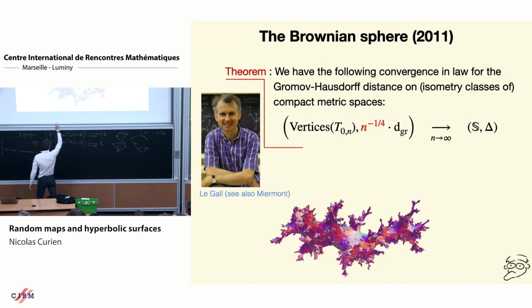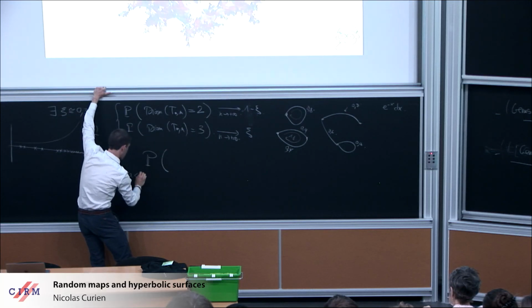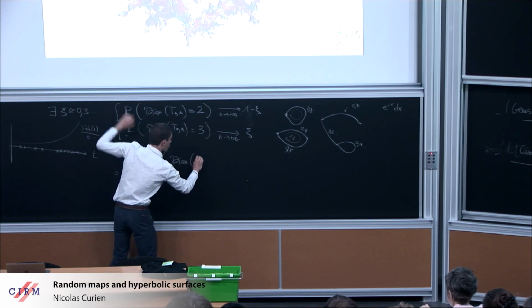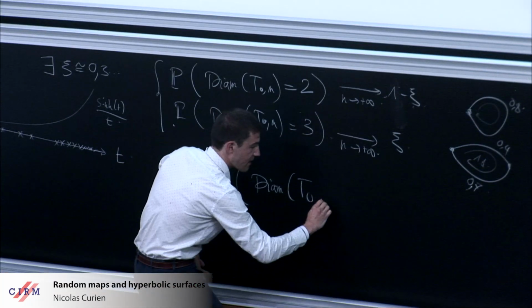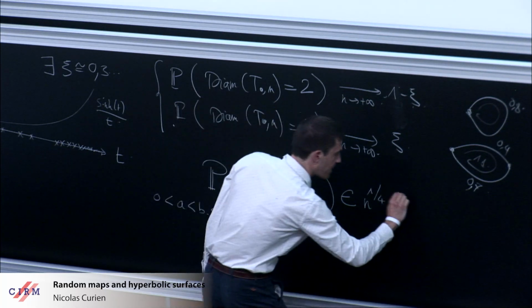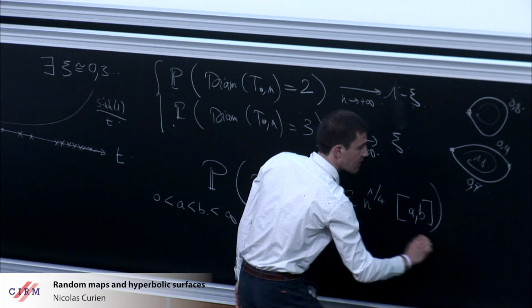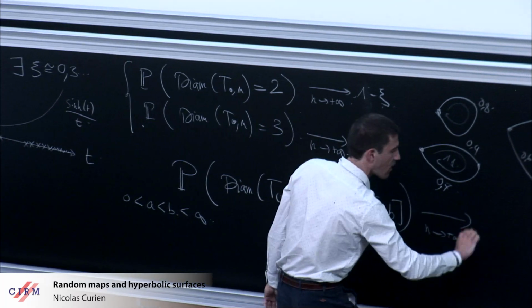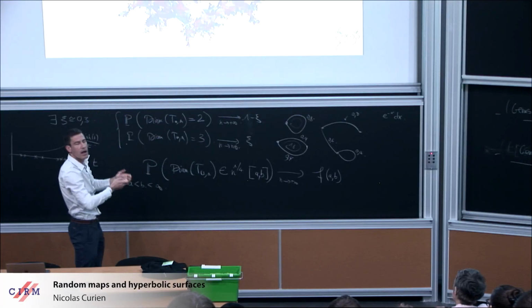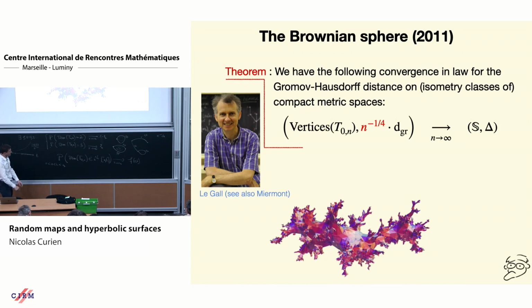I will not enter the subtleties of the Gromov-Hausdorff convergence, but what it tells you is that if you fix 2 numbers, a and b, positive, and you look at the probability that the diameter of your triangulation with genus 0 and n triangles, divided by n to the 1/4, belongs to some interval ab, then this converges as n goes to infinity towards some function of a and b, which is the probability that the Brownian sphere has diameter between a and b.